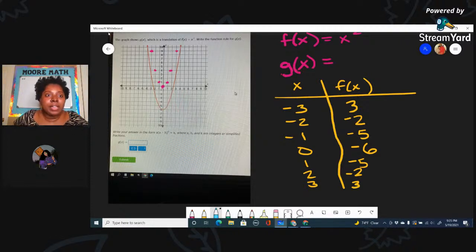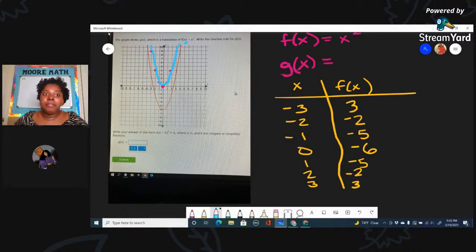Okay, so f of x was x squared. Okay, I'm not graphing this the neatest, but you get the point. Okay, so what happened to it? It increased. So this was f of x, right? Yeah.